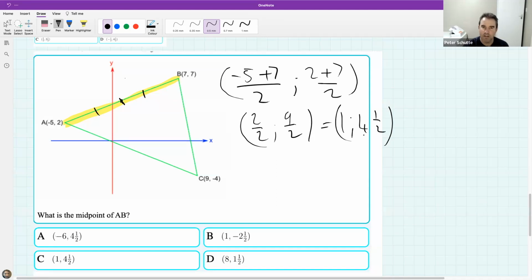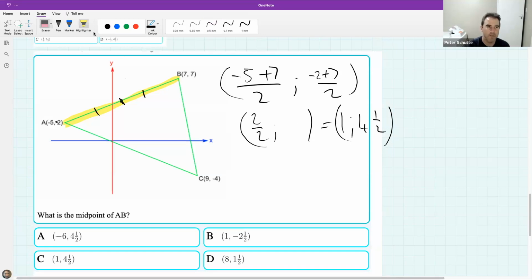Am I going crazy? Let's have a look. So -5 plus 7 is 2, and then divide by 2. And then this is 2 plus, oh, this should be a minus. Look at where it is. So that seems like an error to me. So that should be -2 plus 7.